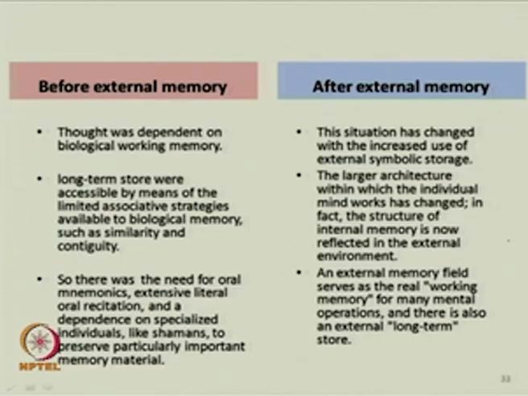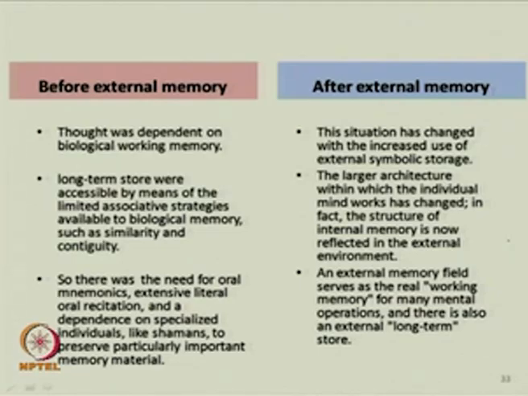Then long-term stores were accessible by means of limited associative strategies before external memory, available to biological memory. But after external memory systems, there was a larger architecture within which the individual mind works. And the structure of internal memory is now reflected in the external environment. So there is a larger field to work with.